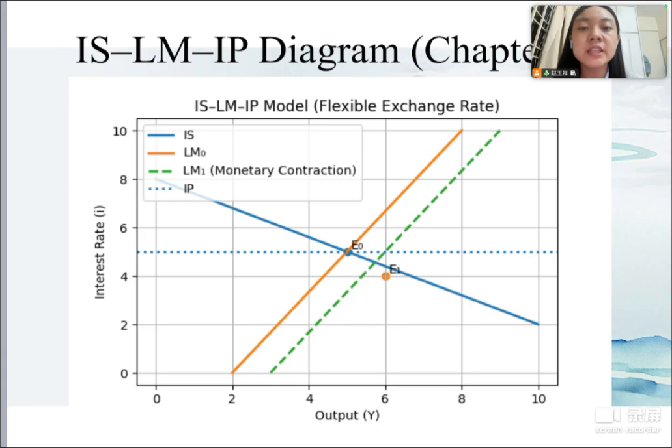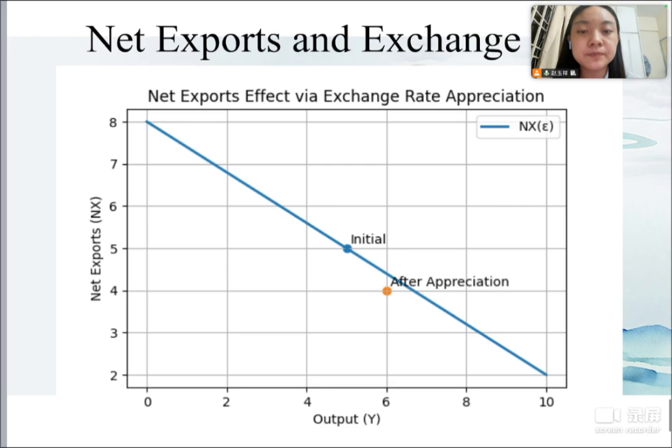The appreciation reduces exports, increases imports, and lowers net exports. As a result, aggregate demand and output fall, while the interest rate remains equal to the world interest rate due to interest parity.